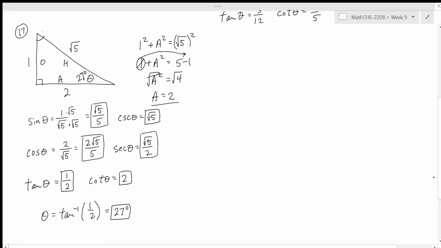Can I now get the other angle in the triangle? 27 plus 90 plus what makes 180? 63. Everybody agree?